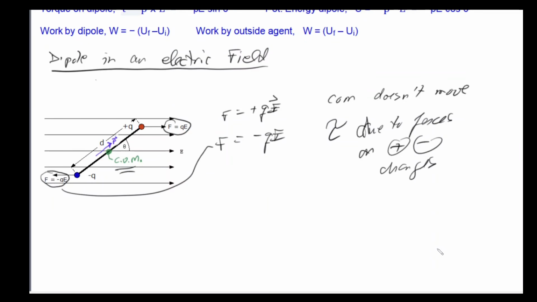And this torque is equal to the dipole moment times the electric field. In this case, it's the vector cross product. And before we go on with this, I just want to review the multiplication of vectors, the dot product and the cross product.